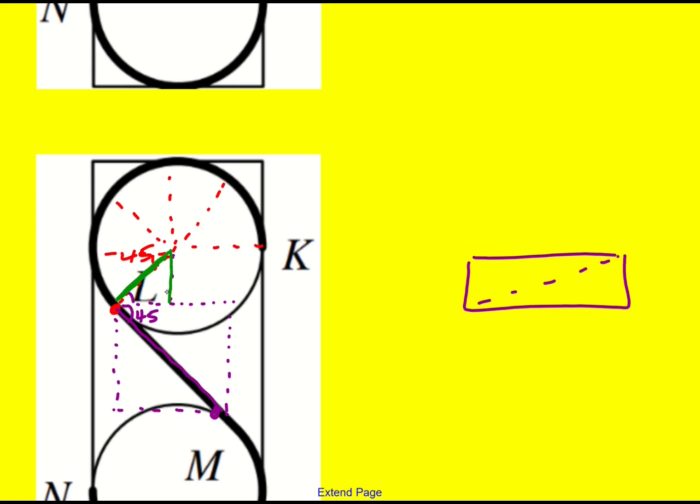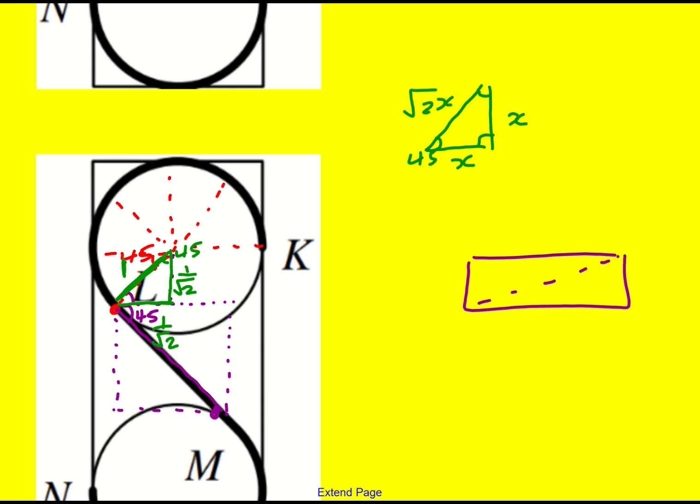Looking at this green triangle, I know the radius is 1, and because this is isosceles, then I can say that these small lengths are actually 1 over root 2. So whenever you have an isosceles right angle triangle with x and x here, this is 45 degrees, then this is necessarily root 2x.